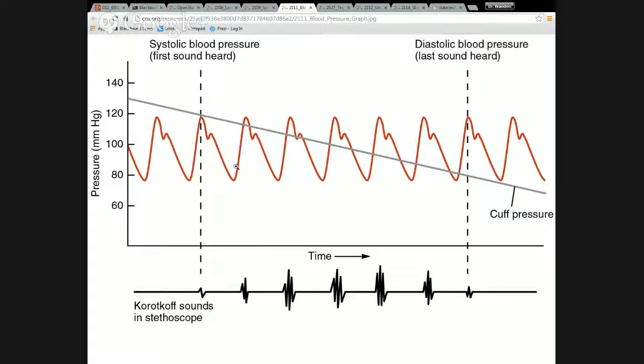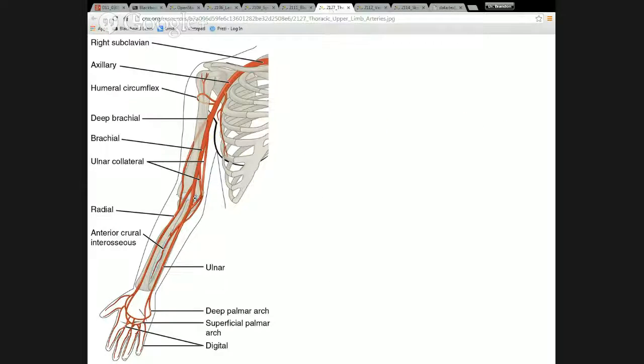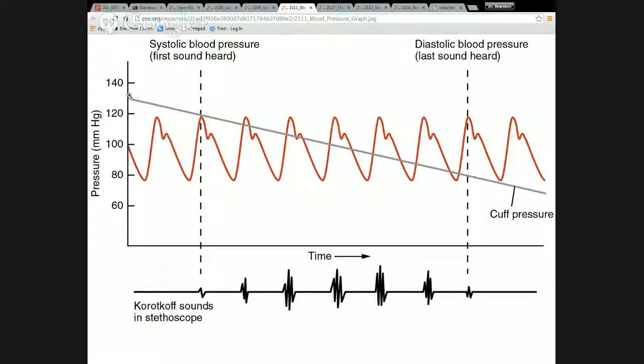If you're doing this and you're listening to, again, the brachial artery on the distal side of the cuff, while you're bleeding the pressure off in the cuff, the first time you hear a sound, whatever pressure you measure in the cuff, that's what's considered systolic pressure. And then the last sound you hear, whatever the pressure is in the cuff at that point, is diastolic pressure. Okay.